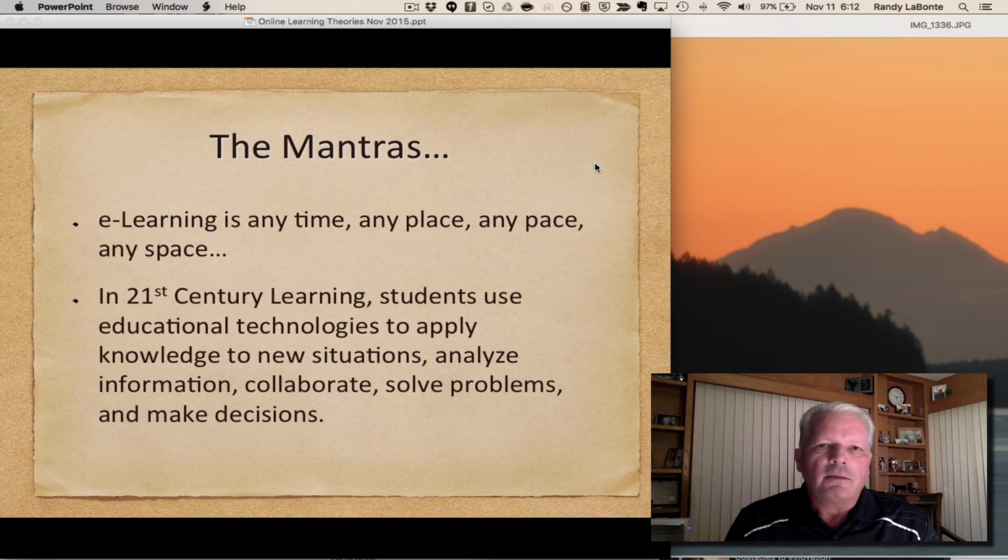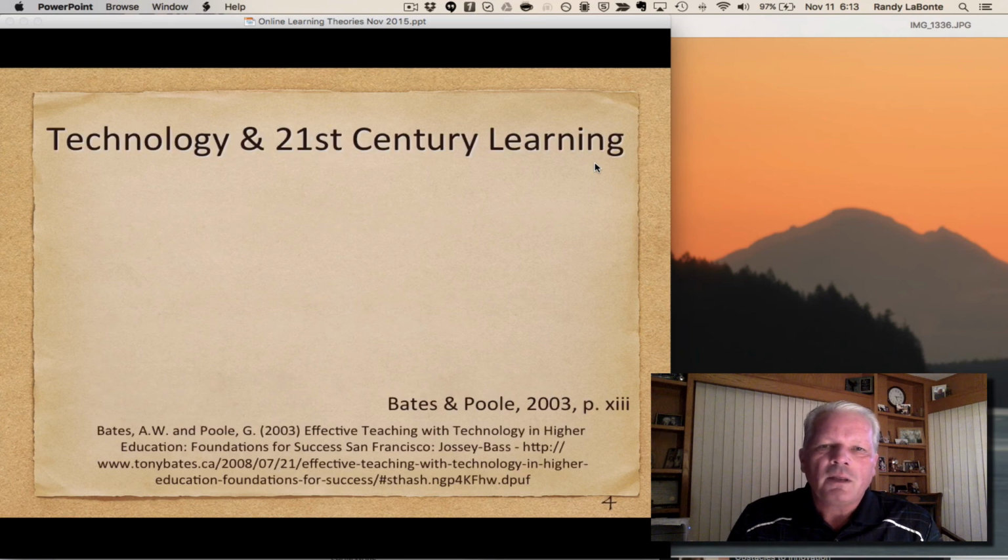Layer into that the complexities that come with technology being so pervasive in our world. This creates new issues for us as teachers and educators in terms of how we deal with this pace, place, and space issue, plus layer in technology. It's a pretty complicated formula for any teacher to take on.